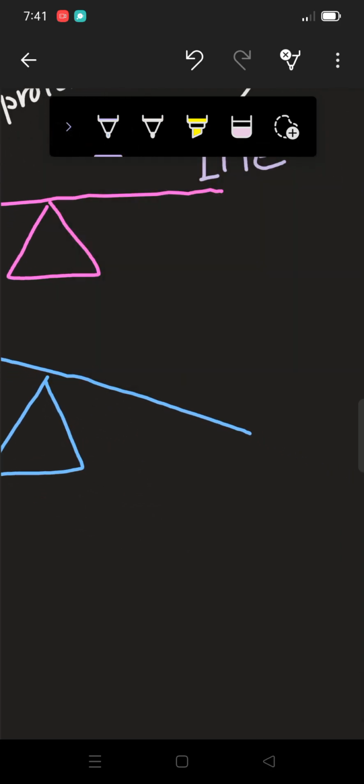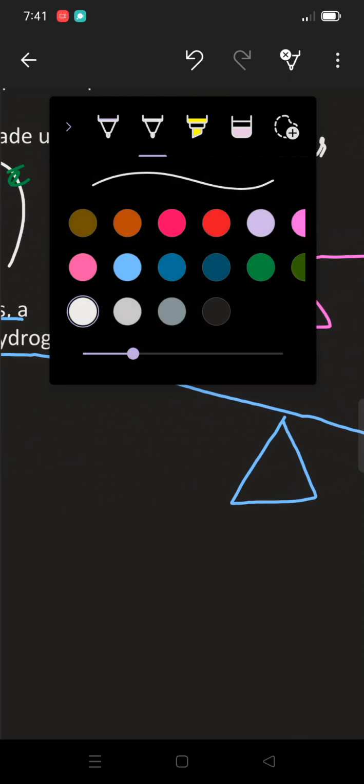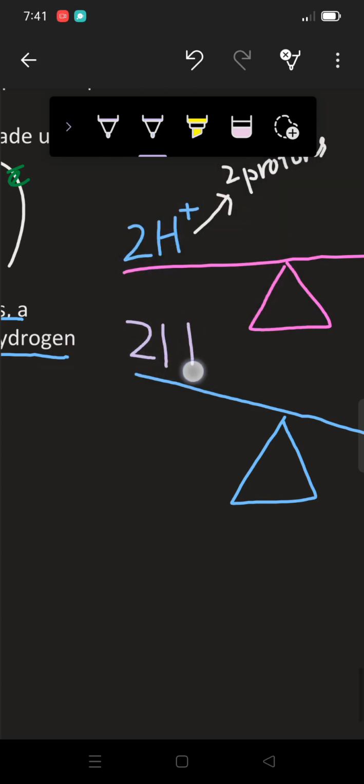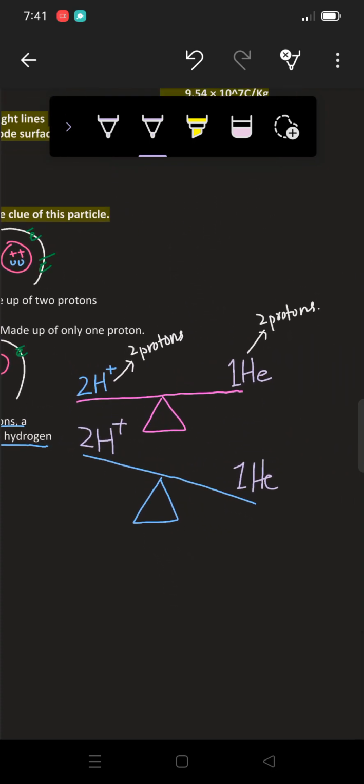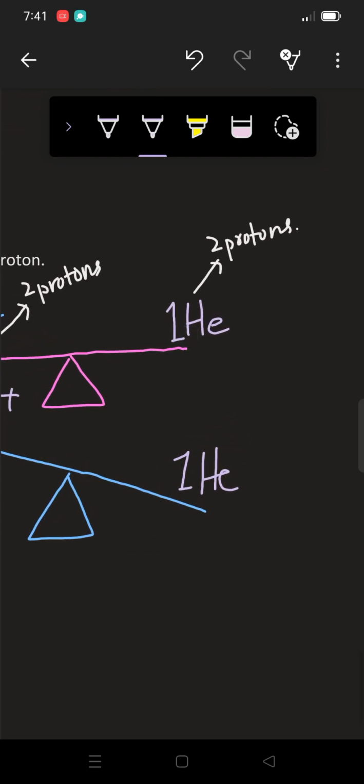Let me make the chart here again: one helium, two hydrogen atoms. But instead, what happened was that helium went down, since its mass was higher than hydrogen, right? So helium's mass was higher than hydrogen.